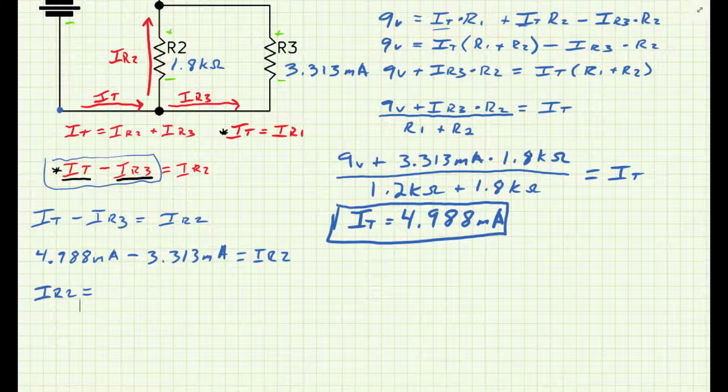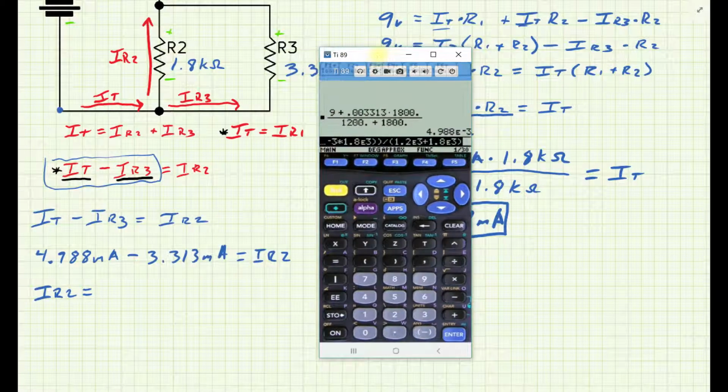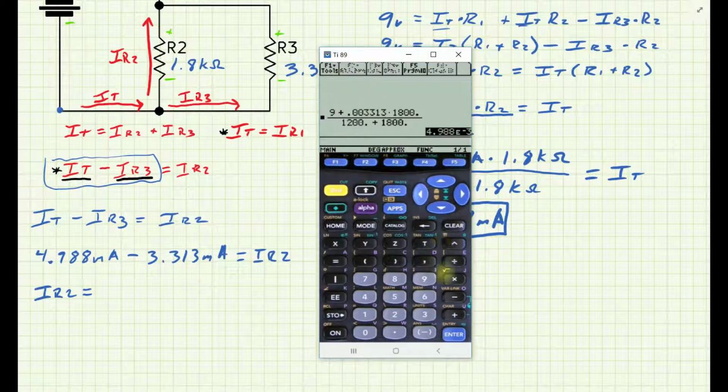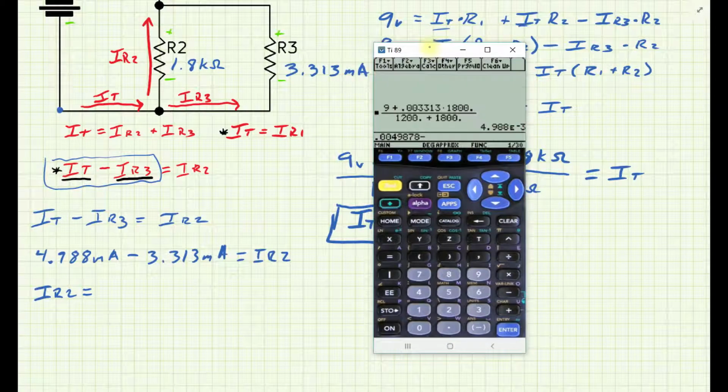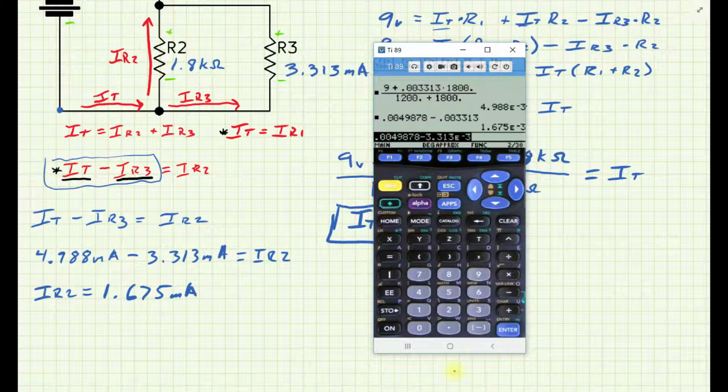Alright, so my I total that I just found minus my given IR3, which was 3.313 milliamps, leaves me with the current for IR2 of 1.675 milliamps. Let's bring that up just to look at it. 1.675 milliamps.